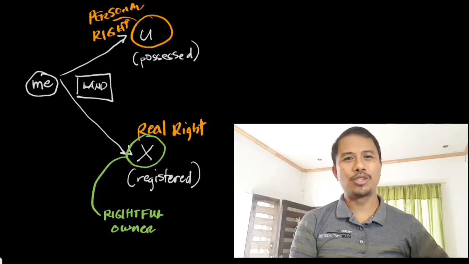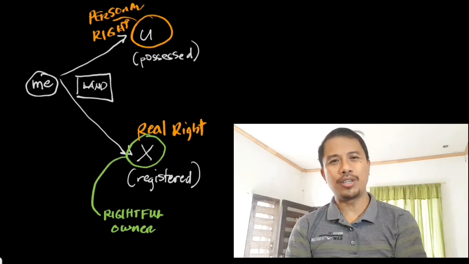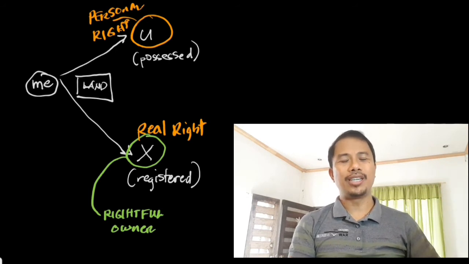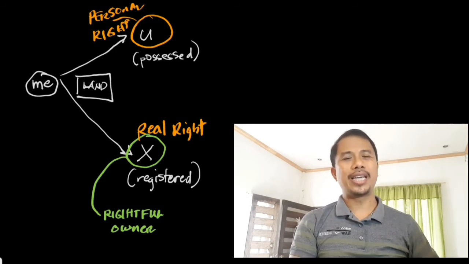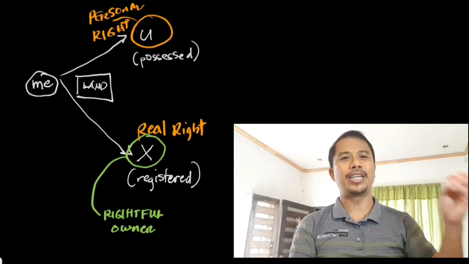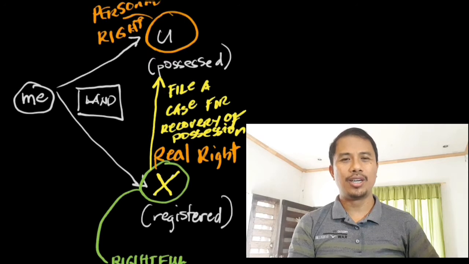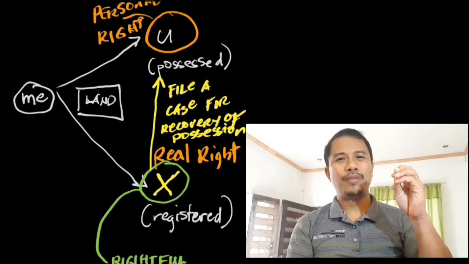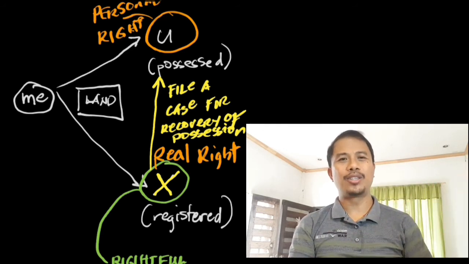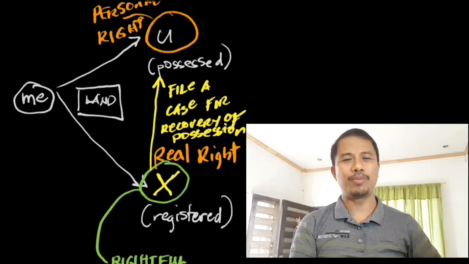So what must X do? You are in possession of the land, but she is the rightful owner. So X can go to court and file a case for the recovery of the possession and ownership of the land. Can you file a case in court to recover the ownership of the land?